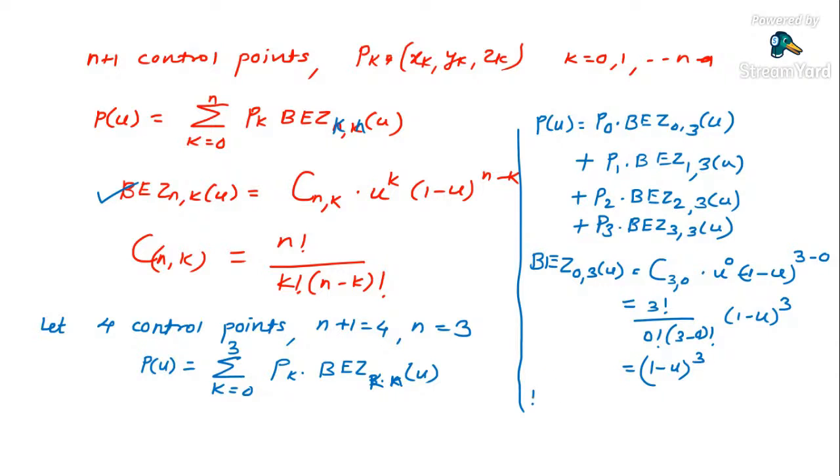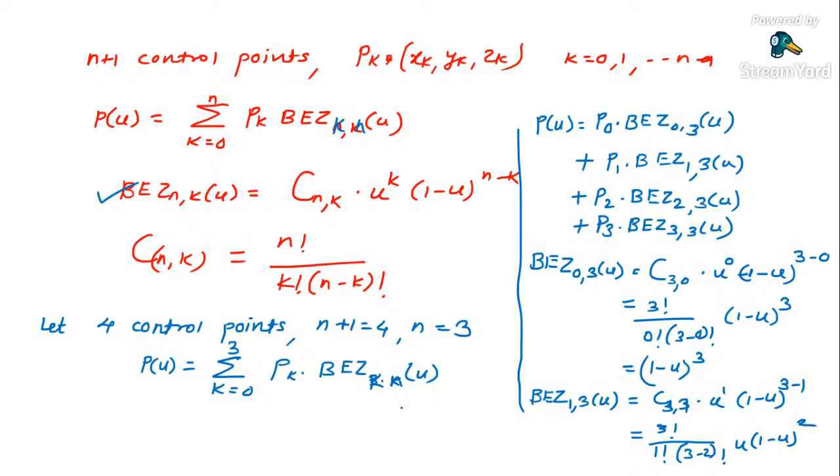Similarly, we can calculate the next, that is Bezier of 1 comma 3 of u. Now put this into C of 3 comma 1 into u raised to 1 times 1 minus u raised to 3 minus 1. So it is equal to 3 factorial divided by 1 factorial into 3 minus 1 factorial, u into 1 minus u square.